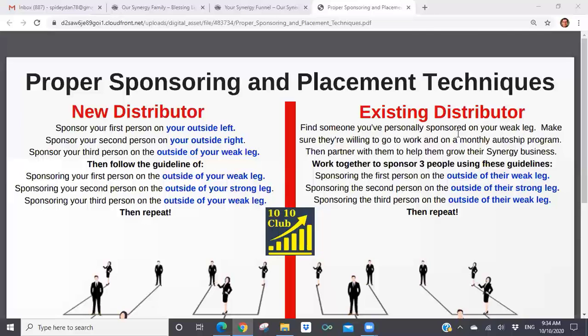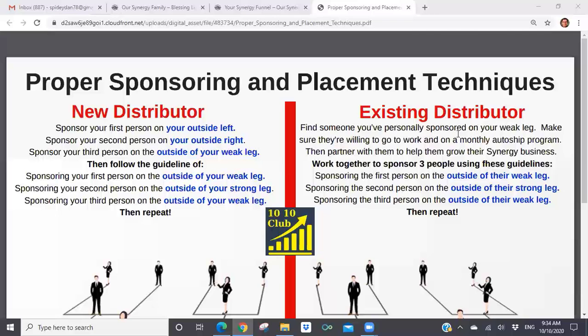And I've got a leg that is dominant every month, keeps adding bank volume because I'm qualified on my tracking center 1. What am I going to do? How can I strengthen my lesser leg so that I can improve my ability to increase the amount of money that I'm getting from Synergy Worldwide through their compensation plan?